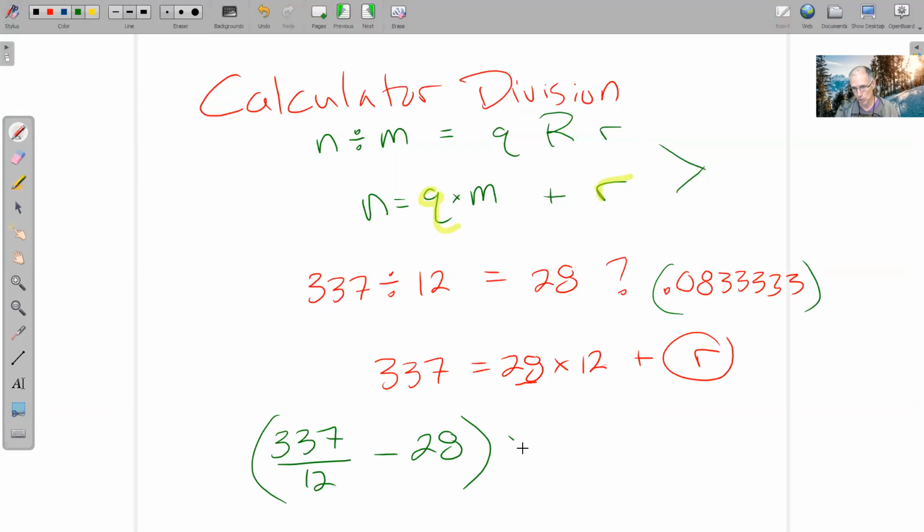Then what I did is I multiplied the 12 back into that, which leaves the remainder behind, because I took away the quotient and I put the divisor back in. So that's the series of steps. Step 1 on the calculator, divide. Step 2 on the calculator, subtract the quotient.